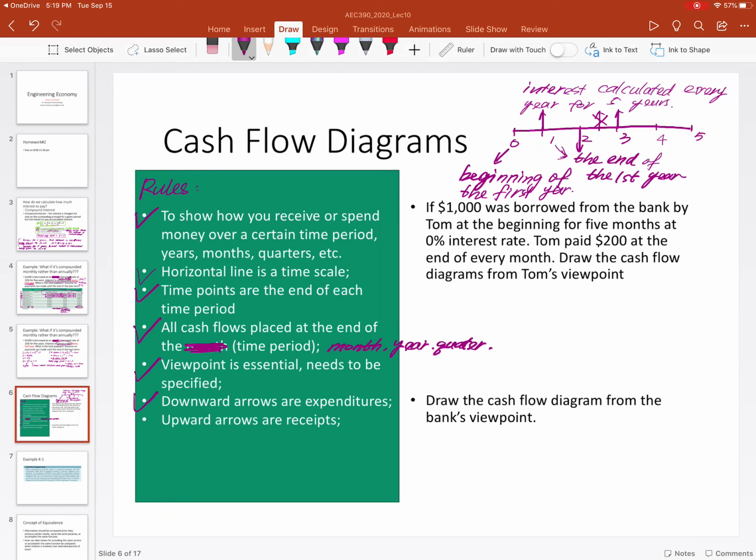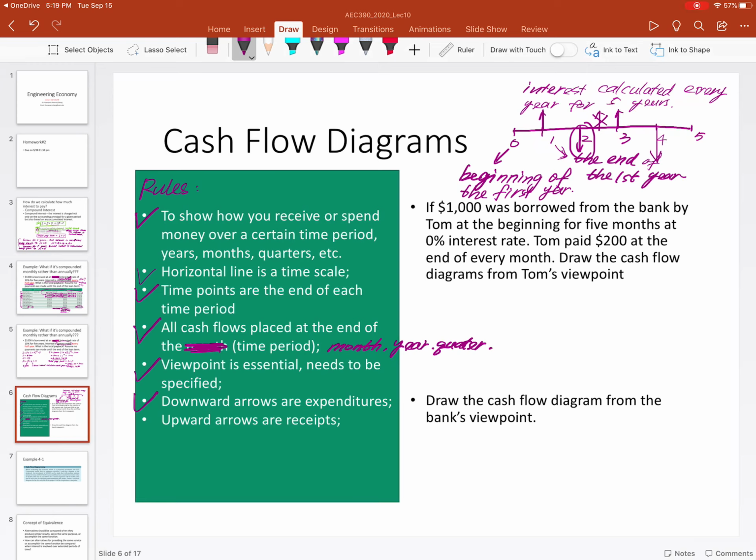And the next rule is the downward arrows are expenditures. So if that cash flow is the money going out from your pocket, that's your expenditure, then the arrow which represents that cash flow should be going downward. Okay, like this one, that's an expenditure.